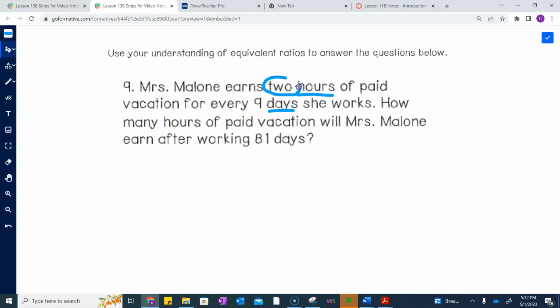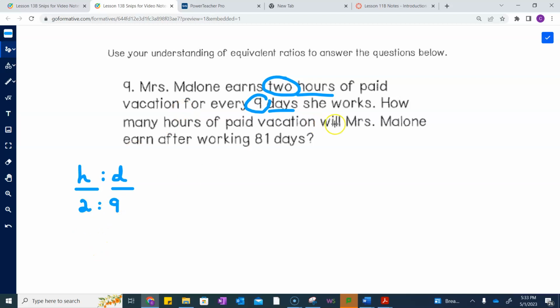And she earns 2 hours for every 9 days she works. So I'm going to use H to represent her earned vacation time, hours earned, and I'm going to represent days with the letter D, days worked. And we're going to write the ratio that we're given, which is 2 hours earned if she works 9 days.